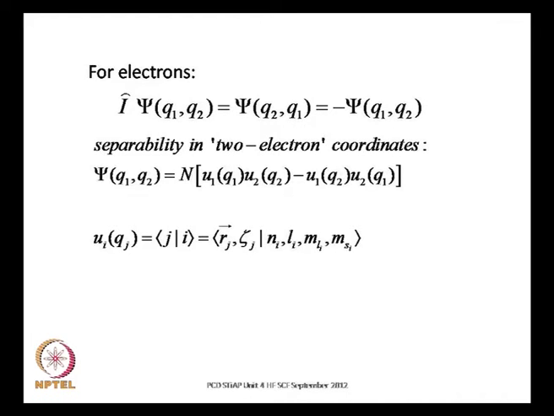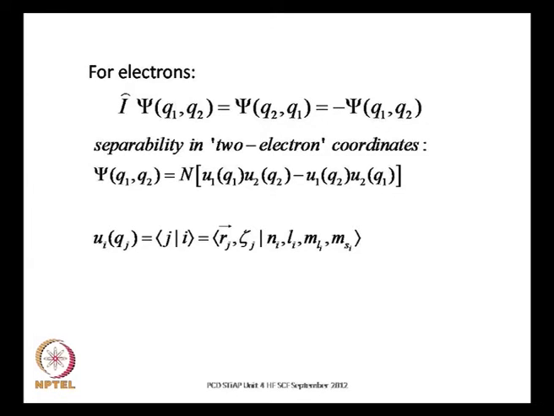The state vector is described by a complete set of measurable physical properties, the 4 good quantum numbers, which are n, l, ml and ms for the electron, and its coordinate representation gives you the one electron wave function. This is inclusive of spin, and there are therefore 4 quantum numbers.